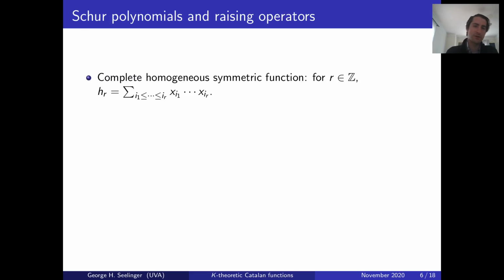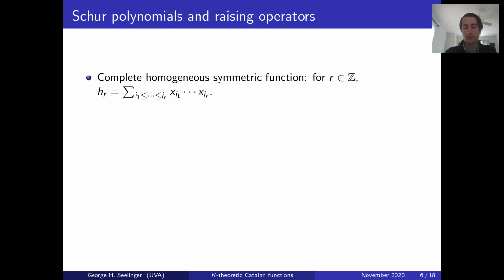So let's talk about these Schur polynomials a little bit more, because they'll play a pretty big role in our final results too. First, to talk about Schur functions, let's talk about complete homogeneous symmetric functions. These are polynomials in an infinite number of variables, and we can associate to each integer a polynomial, but of course if the integer is negative, we'll set it equal to 0.